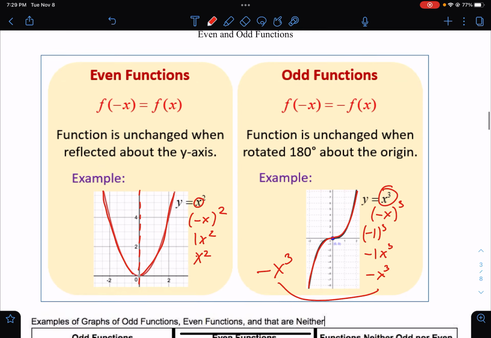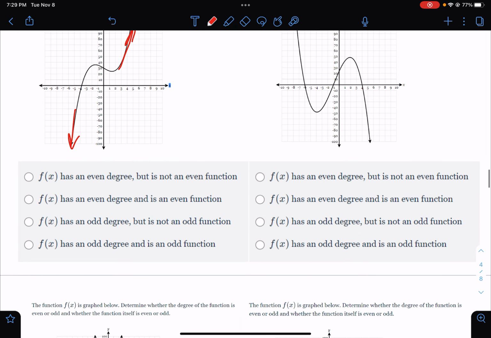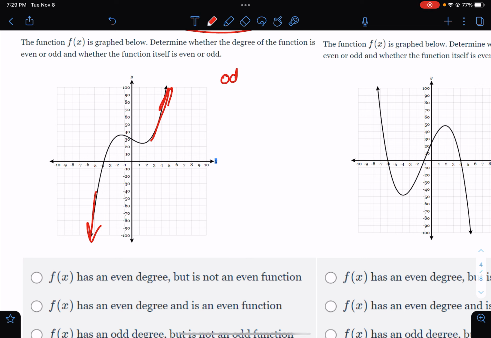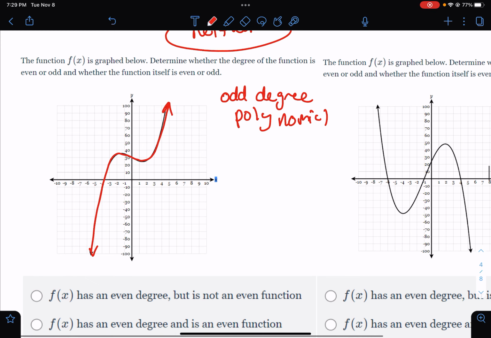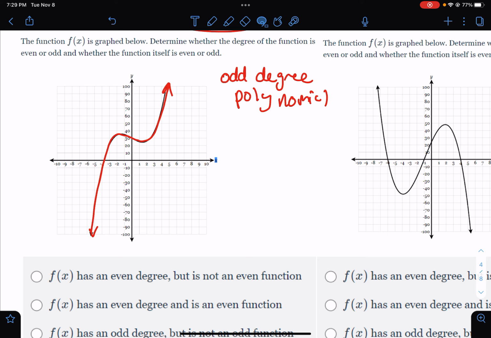So if we look here, we are going in opposite directions. So this is going to be an odd degree polynomial. All right, now we have to determine if it's an odd function. Now, it kind of looks like it could be an odd function, right? But essentially, to be an odd function, you have to go through the origin, okay? Because you need that rotation. And I'll show you why this doesn't have that rotation.